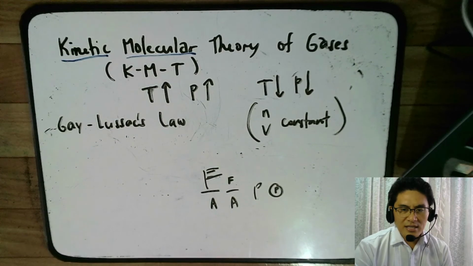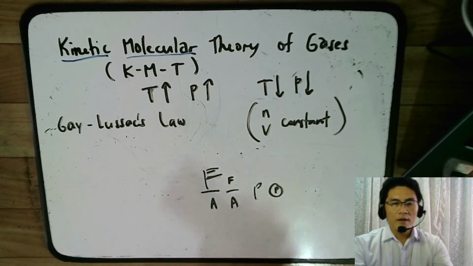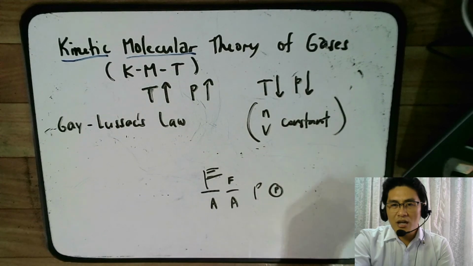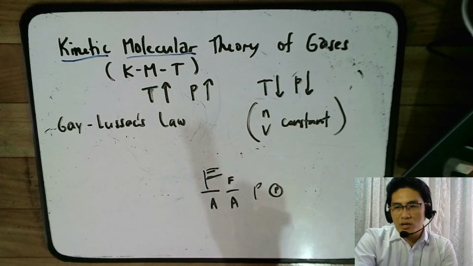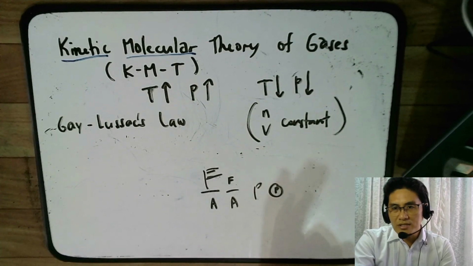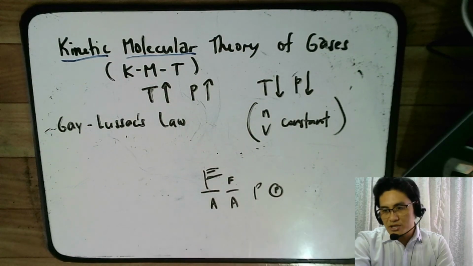That is it for Gay-Lussac's law, and how we conceptualize it using experiments that we can see in simulations, and also in terms of conceptual understanding, based on how the molecules in gases are moving, and how they define what temperature and pressure are.